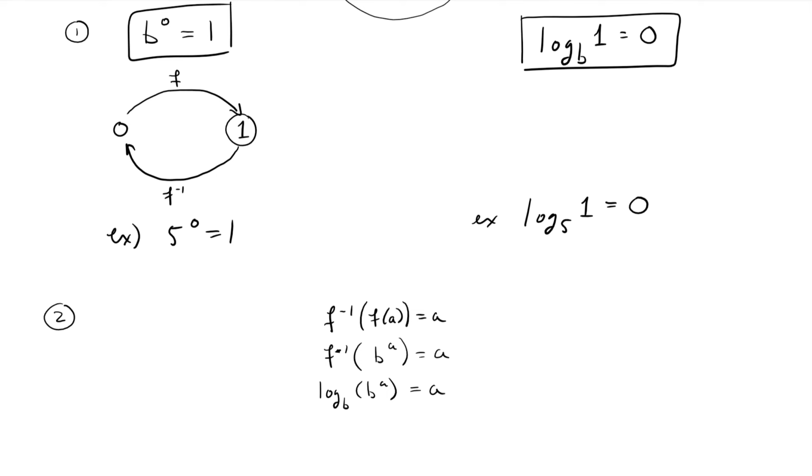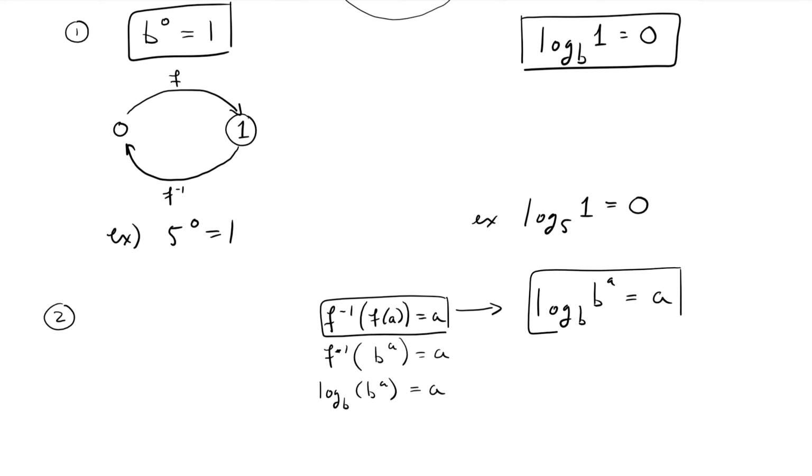This is just stating this identity. It's a general property for a function and its inverse. It's not just something that applies to exponential or logarithmic functions. But in our case, log in base b of b to the a is just a.